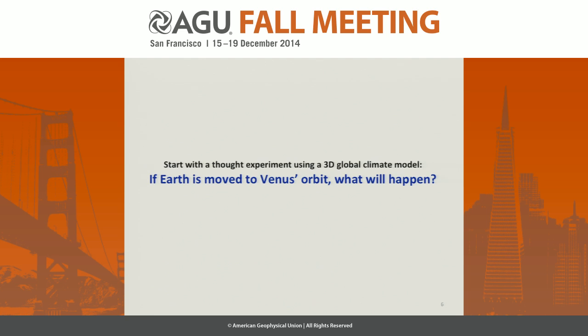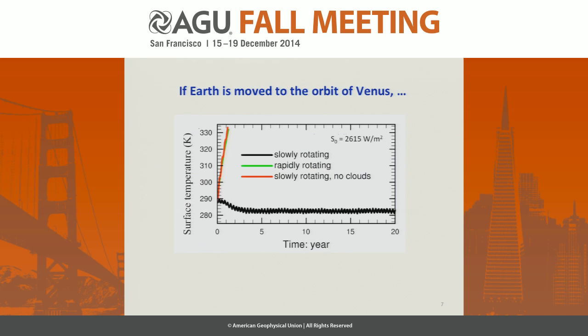Let's start with a short experiment with a 3D global climate model. The experiment is, if Earth is moved to the Venus orbit, what will happen? We use the 3D global climate model and found that if Earth is moved to the orbit of Venus, it will enter into runaway greenhouse state.